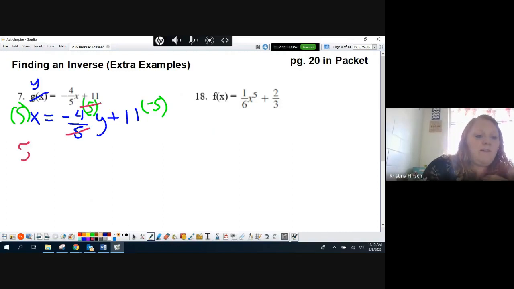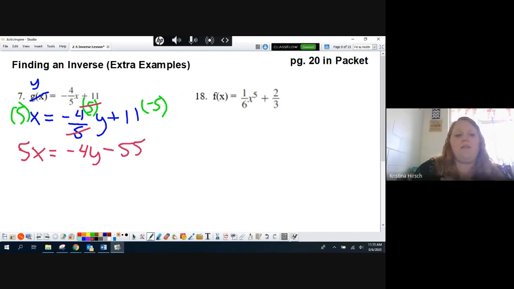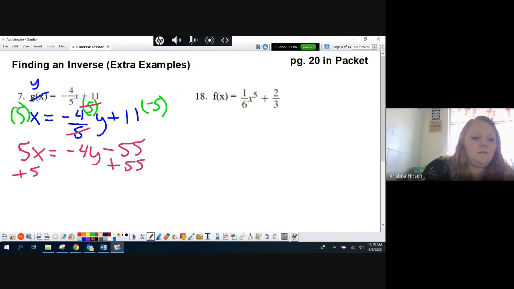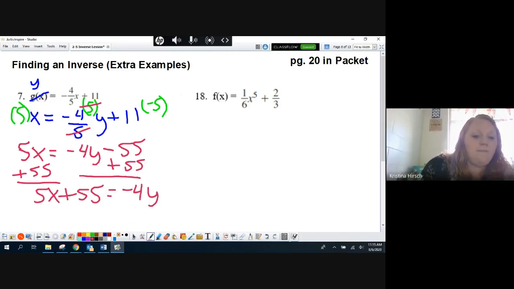That leaves me with 5x equals -4y minus 55. Then I'm going to add 55 to both sides. So 5x plus 55 equals -4y. Divide by -4.